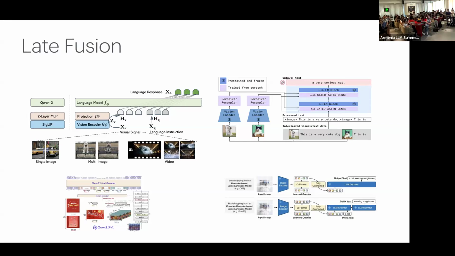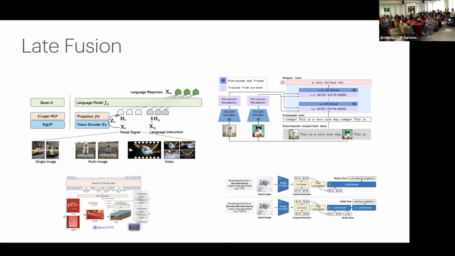The very famous paper from Google that did this was Flamingo. And it was the hackiest, messiest architecture you can think of, where they had a frozen language model and started introducing gated cross attention dense layers.